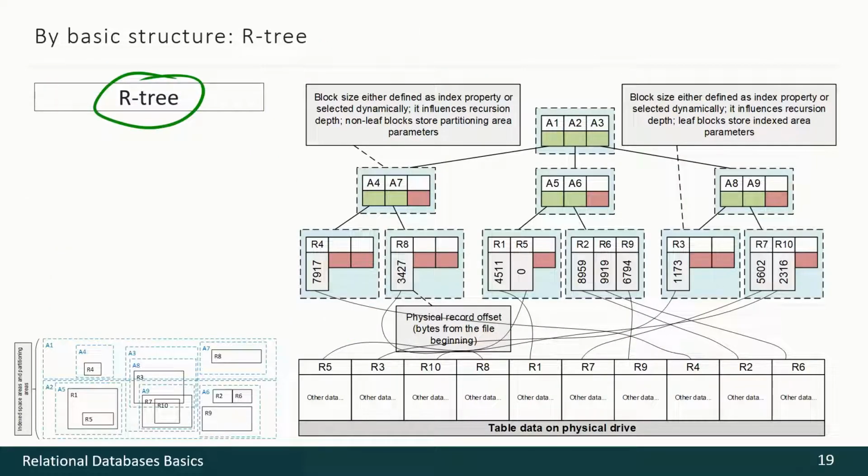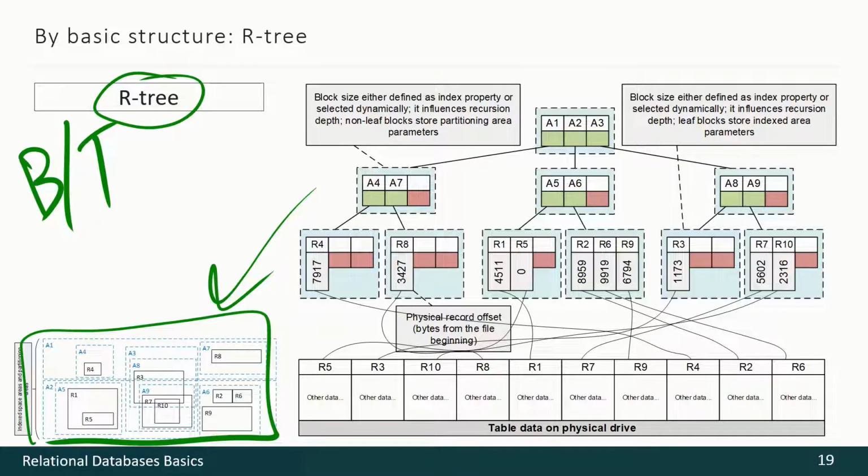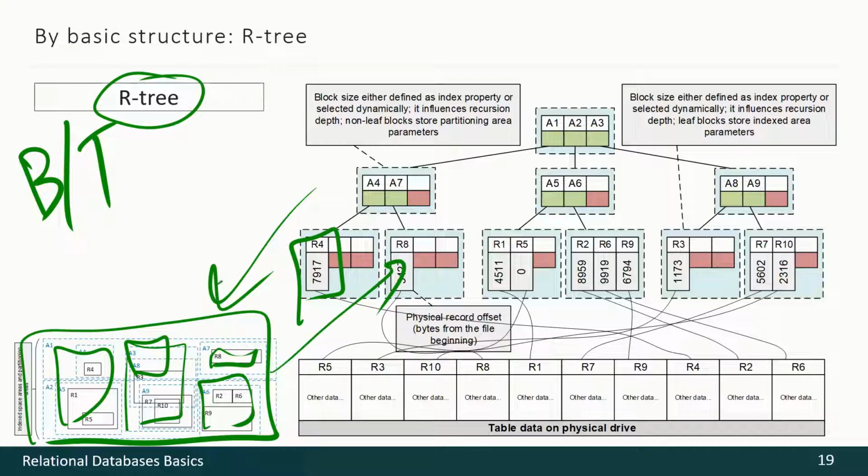R-tree index is usually either B or T-tree based, but the idea is to have some space and some objects in that space. Then the space is divided into some regions, and so on, and information about those objects and regions is stored inside the index. So one can easily find the nearest objects or where is that object stored.